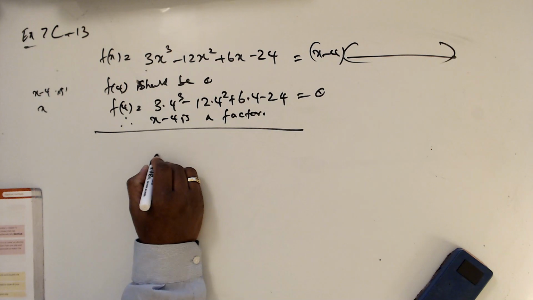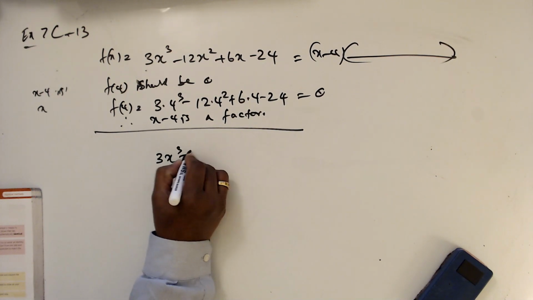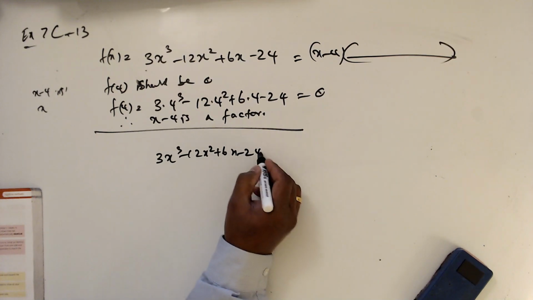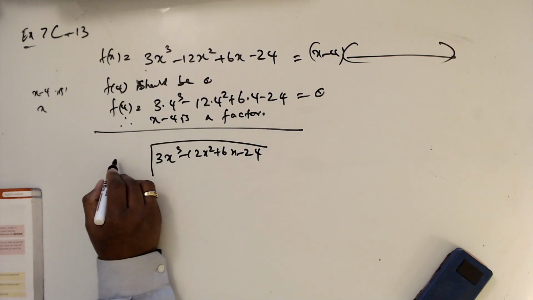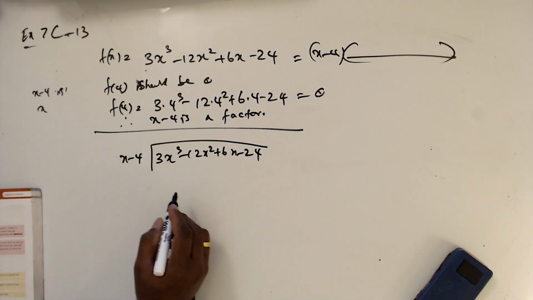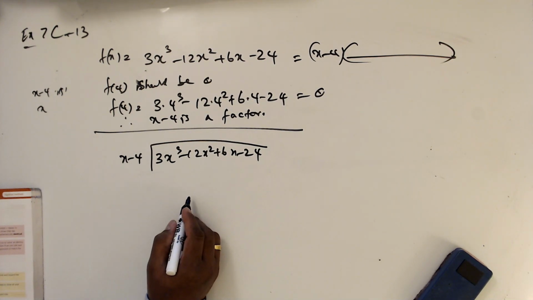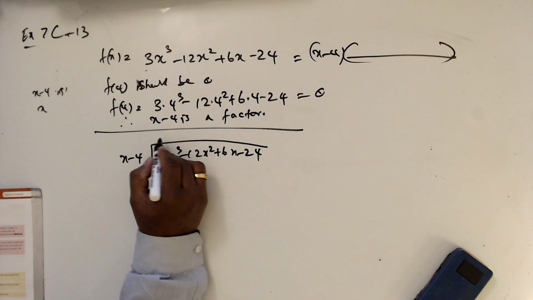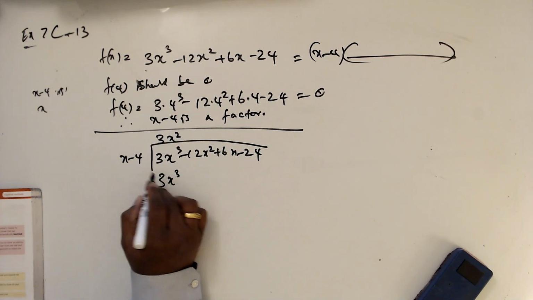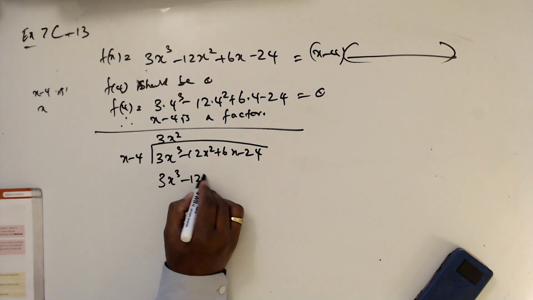Now first of all, 3x cubed minus 12x squared plus 6x minus 24. I will factorize this one with x minus 4. So this is going to be 3x squared. This is 3x cubed minus 12x squared.